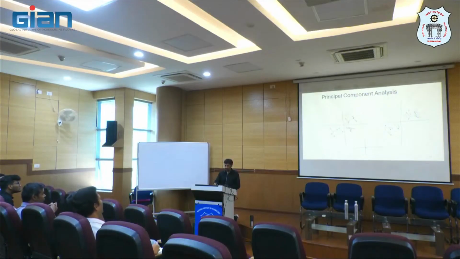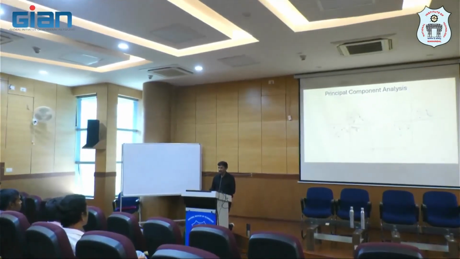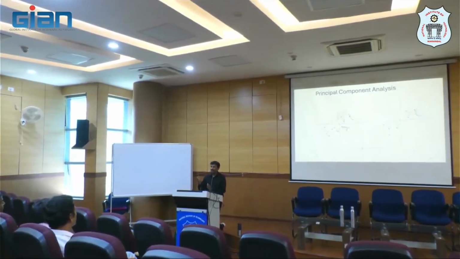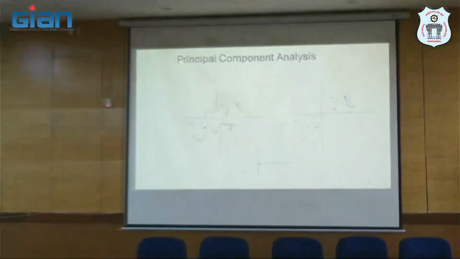But what we have to look at is, when I draw a line like this, what will be the error? So for each point, the error will be this large. So ideally, your principal component should result in minimal errors. So it is like a best fit, based on the points we have. Exactly.